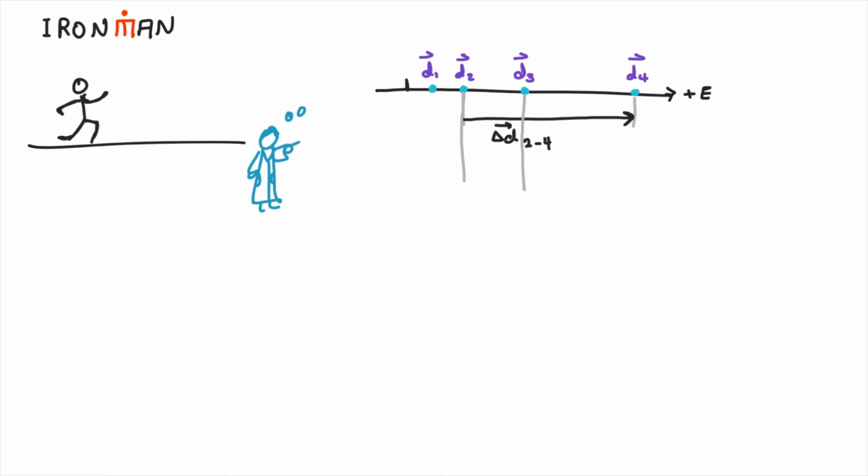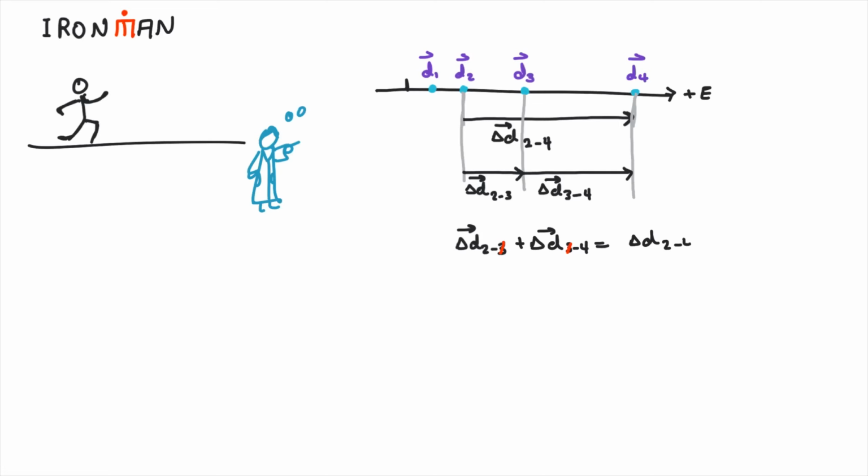Note that the change in position from 2 to 4 is the same as the change in position from 2 to 3 plus the change in position from 3 to 4. The vectors here show that the runner is moving in the east direction.